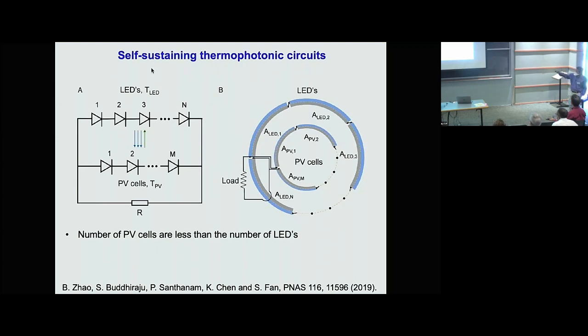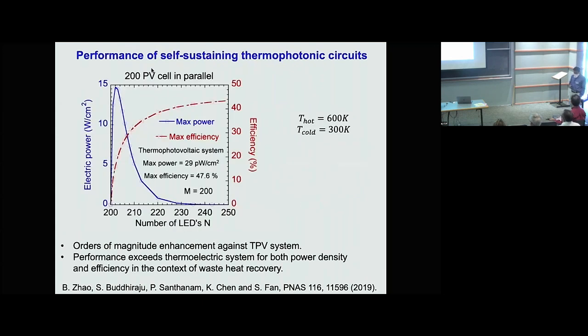You can just run this by having the LED on the high temperature side, the photovoltaic cell on the low temperature side, and this will connect to drive a load externally. And you can then compute the performance of this system. Here the computation is entirely in the far field with no near field enhancement.